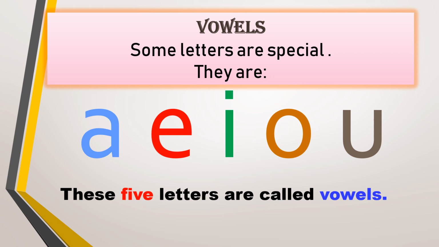In English, we have these 5 letters which are called vowels. Let's repeat it once again. A, E, I, O and U are called vowels.